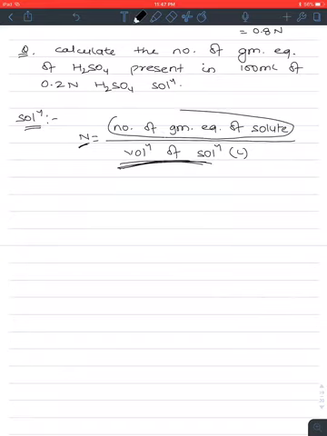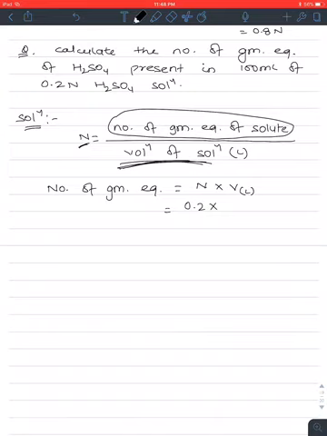What they're asking is the number of gram equivalent of solute. So I hope this will be very clear, that number of gram equivalent will be equal to normality into volume of solution in liters. I'm using short form, N for normality and V for volume of solution in liters.